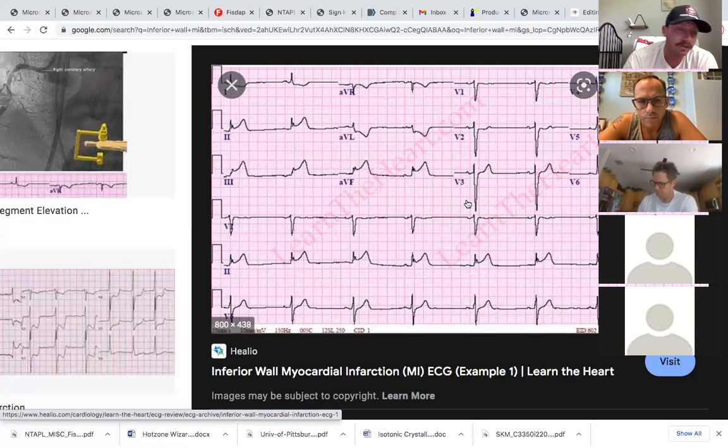Remember, with your STEMIs, your acute coronary syndrome, we're talking about MONA or FONA, right? Morphine, oxygen, nitro, aspirin, or fentanyl, oxygen, nitro, and aspirin. Your oxygen, we're only going to consider it if the patient is suffering dyspnea or low saturations, right? Oxygen is a vasoactive medication.